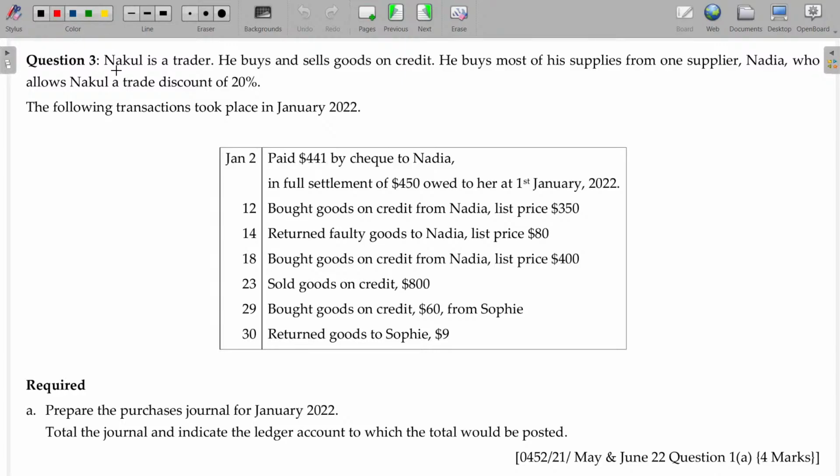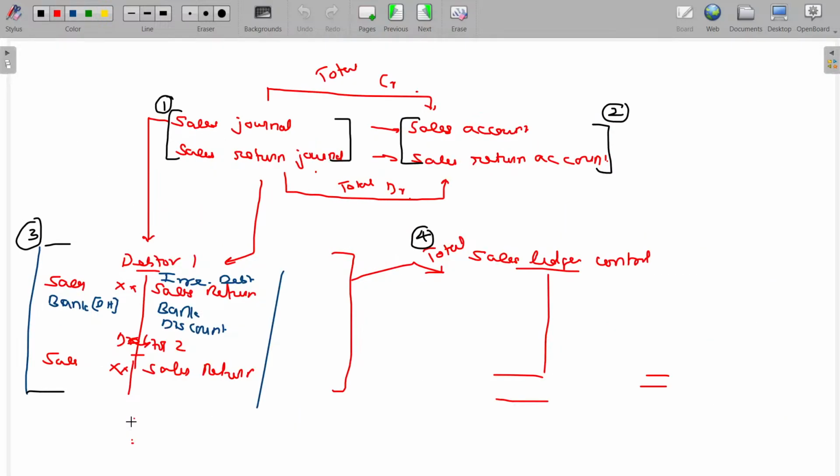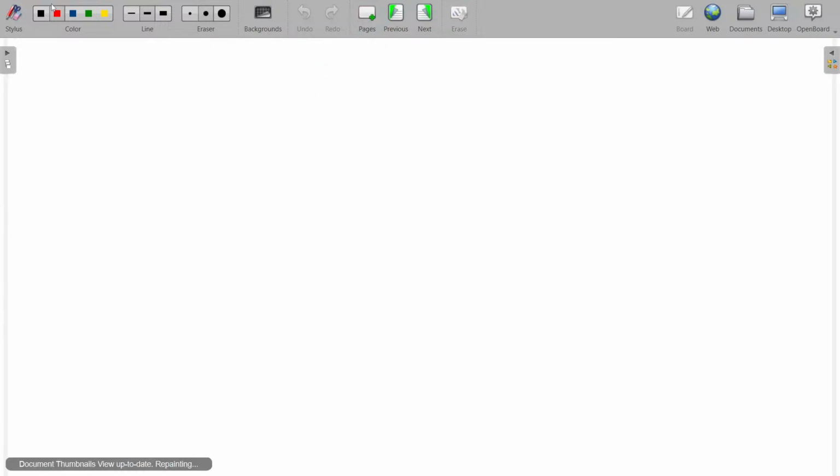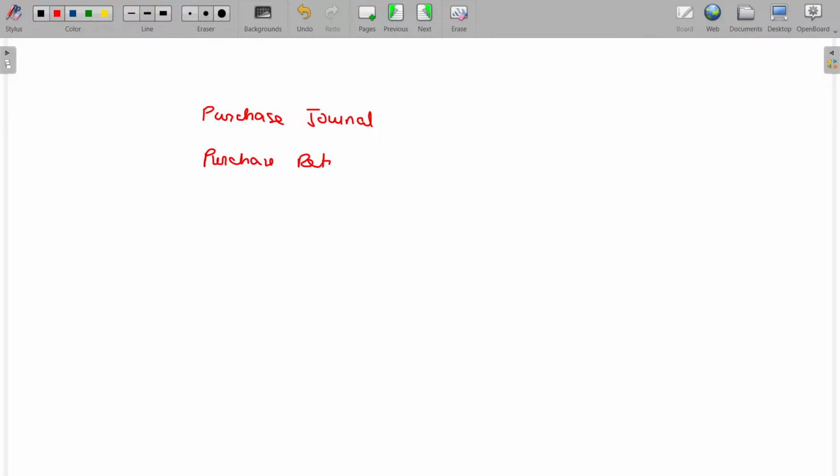Now we'll move on to the Nakul case. Nakul is a trader. Here it is predominantly about the purchase journal. We have seen the sales journal, so in case of purchase journal, how is it? We have to prepare the purchase journal and the purchase return journal.